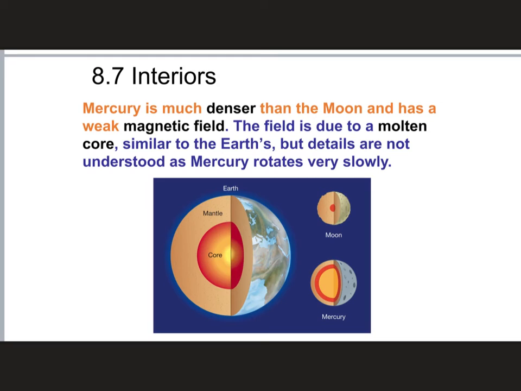But Mercury is very, very far away, and we haven't sent a lot of things there to really investigate it, so we're not really sure exactly what's going on there. And as we saw previously, the rotation rate of Mercury is very slow, and that also contributes to its very weak magnetic field. If it was rotating faster, you might expect to see a larger magnetic field.